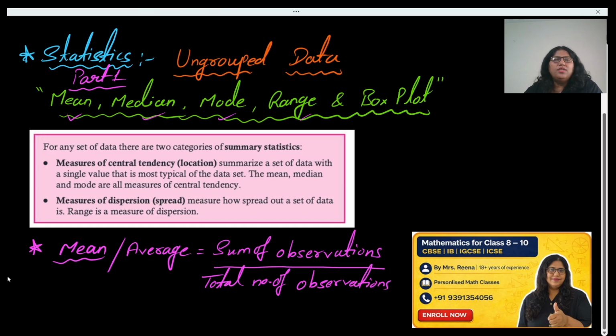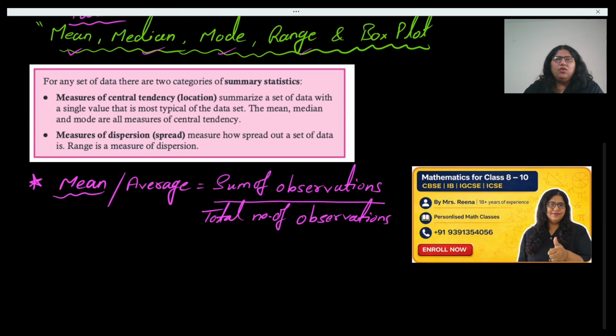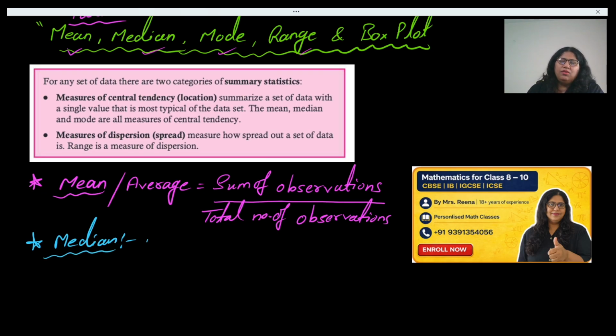Then after that, what is the meaning of median? Median is nothing but the middle value of the data, but in the median the order is very important.